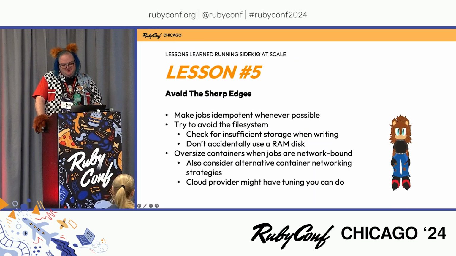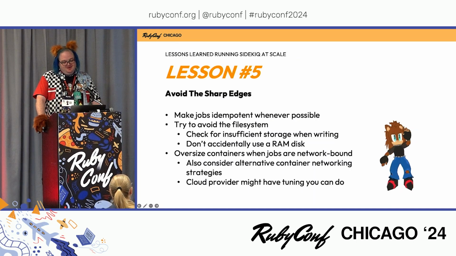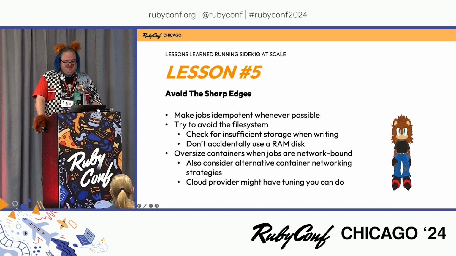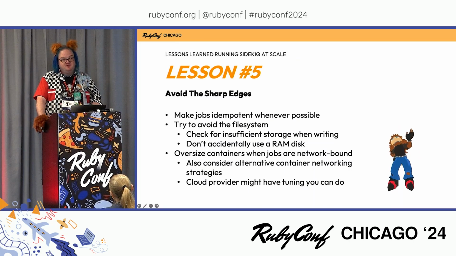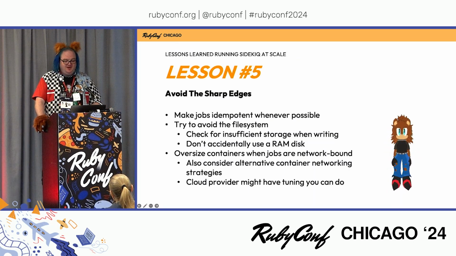So, think about that. Also, another thing that happens for me, a lot of my jobs are network hungry, not CPU or RAM bound, really. And so what do you do about that? The kind of thing you might initially think is, I'm going to go look at the product pricing page for my cloud provider and see what the performance level for the network is.